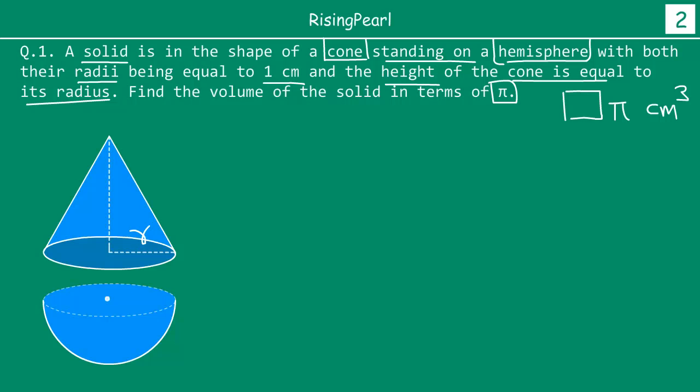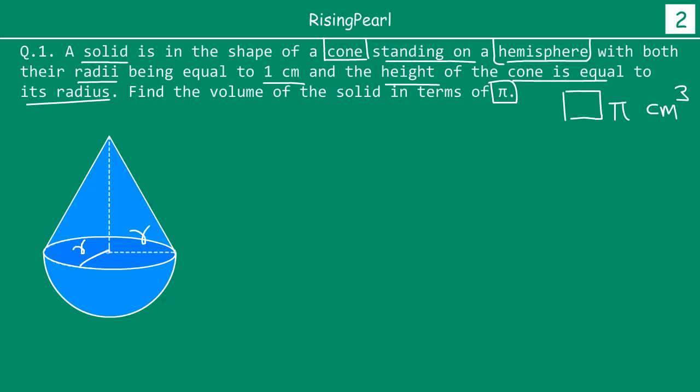That means that our shape should look like this. That is, the radius of the hemisphere, R, is exactly the same as the radius of the cone. So the base of the cone and the top of the hemisphere exactly fit. That is what is given.